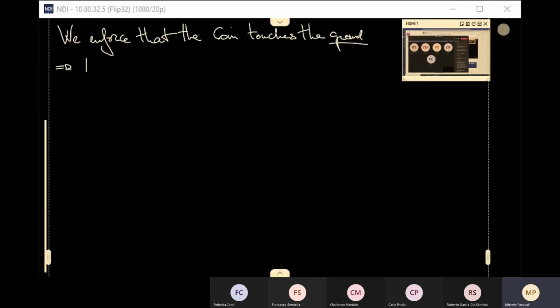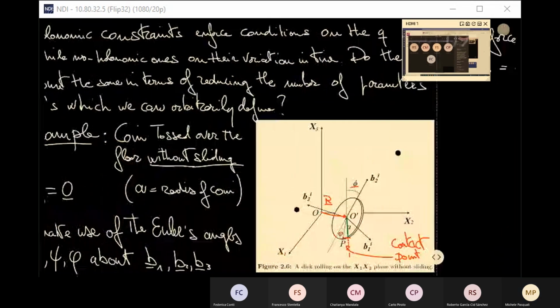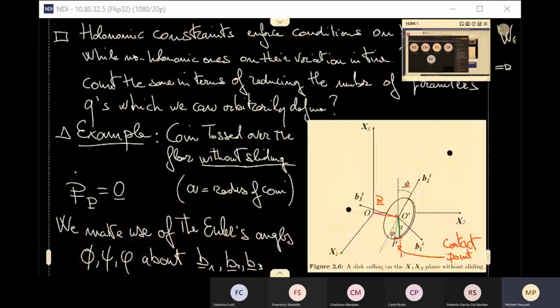We say that R3 is equal to A times the cosinus of phi. That's the first condition. The second condition is that there has to be no sliding, rolling without sliding.